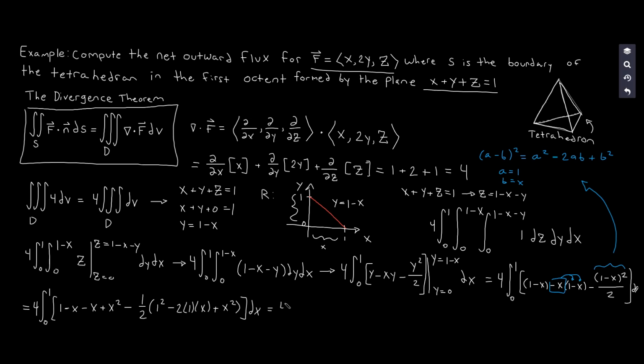This is going to equal 4 times the definite integral from 0 to 1 of 1 minus 2x plus x squared.